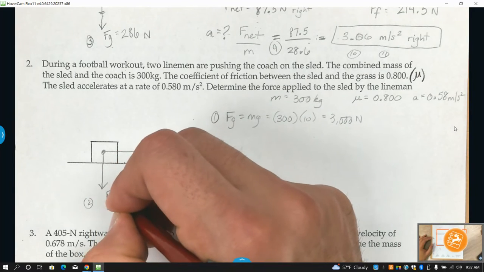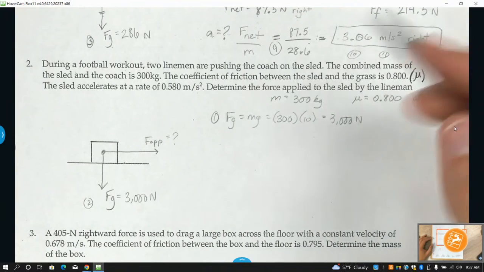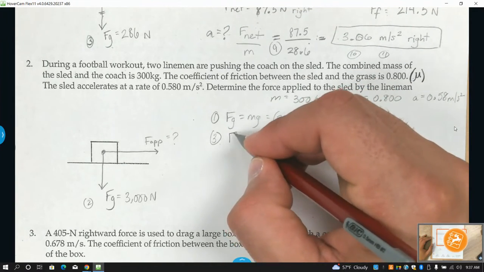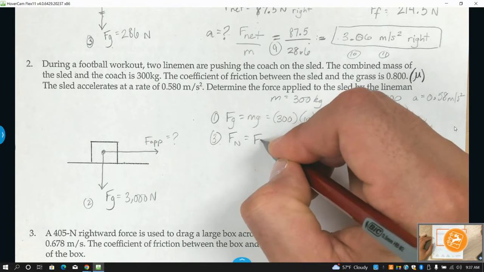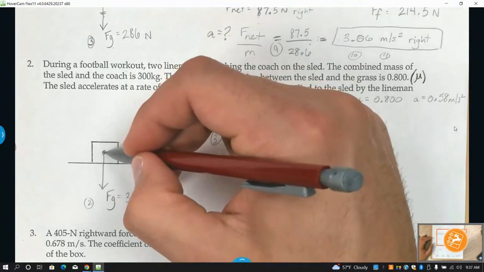Then I would draw that in. Then you've got to know that normal force is going to be equal to the weight of the object. So that's also 3,000, and then I'm going to draw that in.